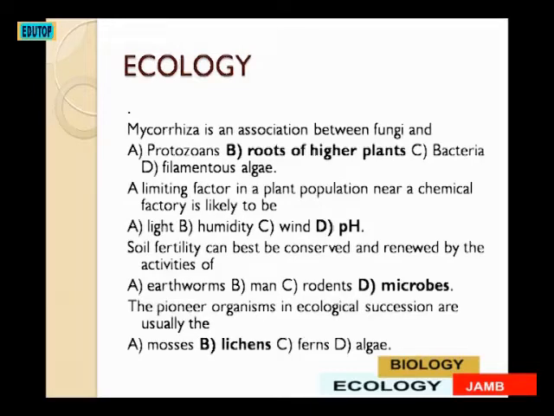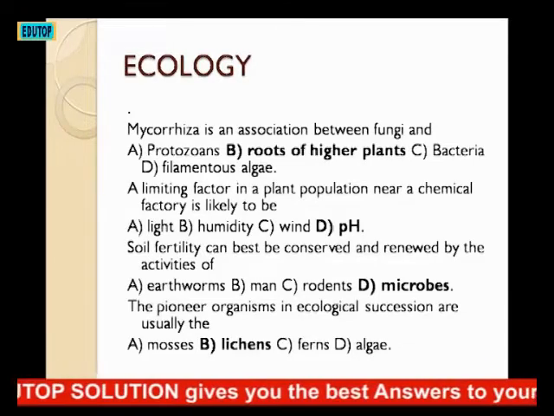The next question. A limiting factor in a plant population near a chemical factory is likely to be what? A. Light. B. Humidity. C. Wind. D. pH.